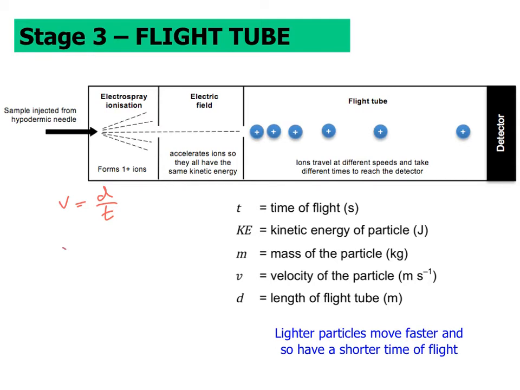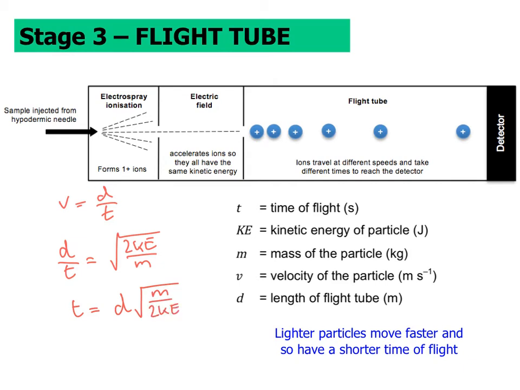So now we know that distance divided by time equals the square root of 2 times the kinetic energy over mass. We can now rearrange this expression so that we have time as our subject, and that would be time equals distance times the square root of mass over 2 kinetic energy.